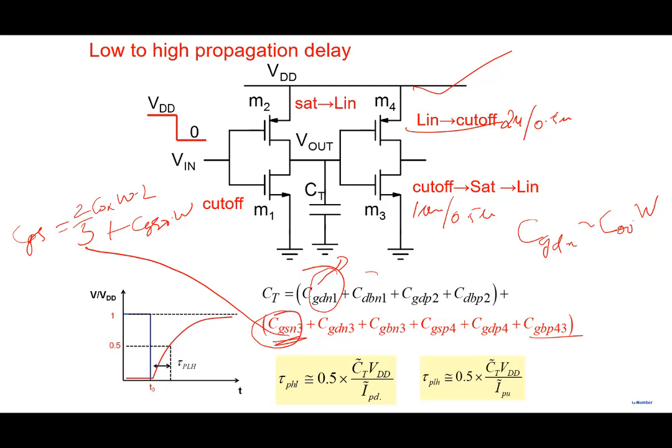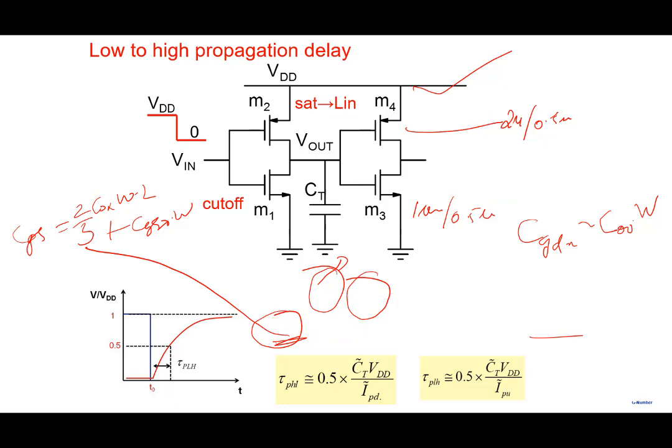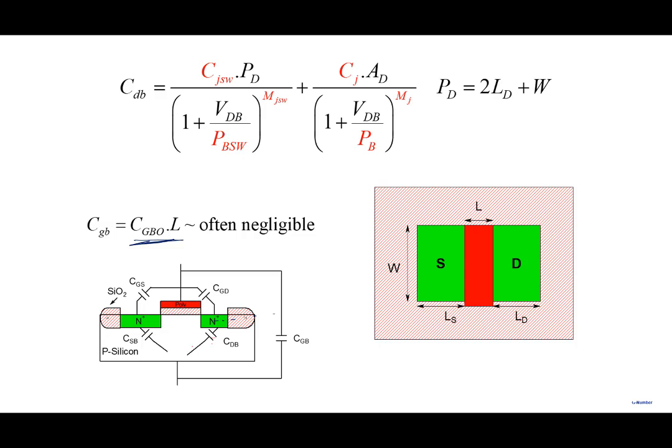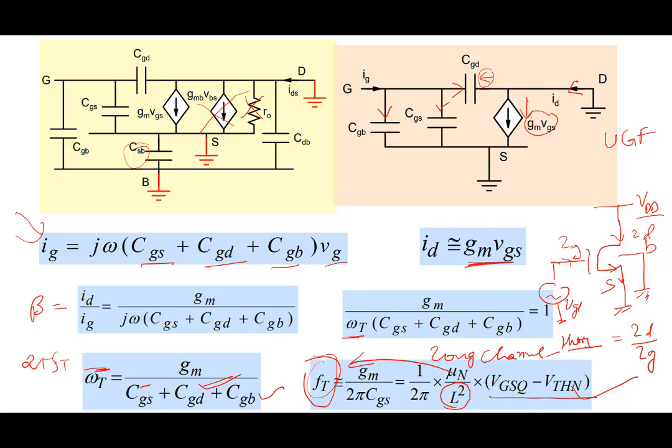But how do you estimate drain to body capacitance? Go back and see. Drain to body capacitance requires what? The area of the drain and the perimeter of the drain. Where is this information in the schematic?